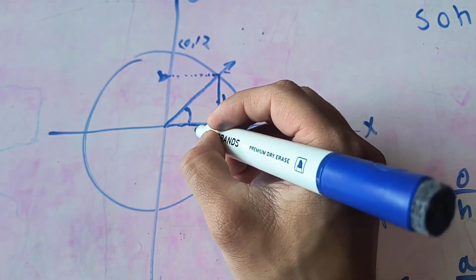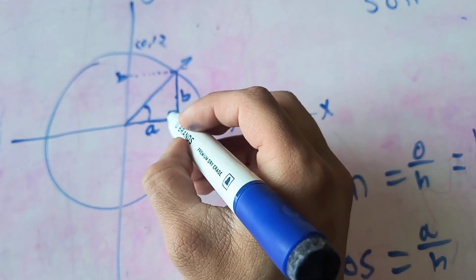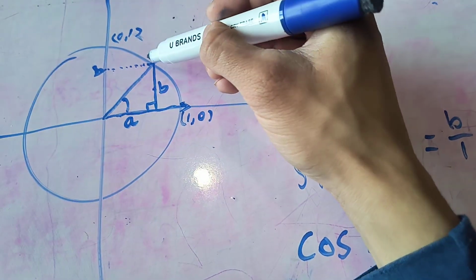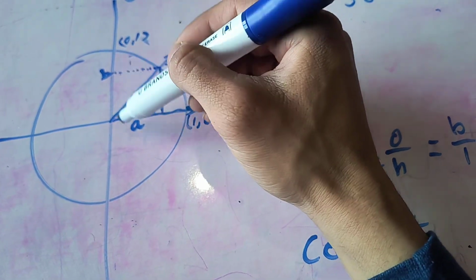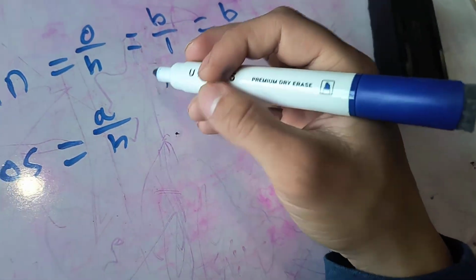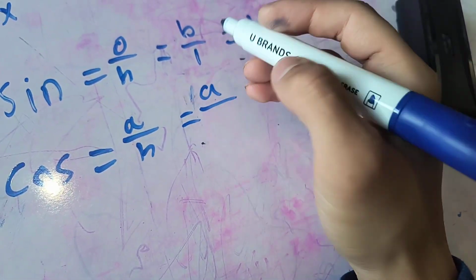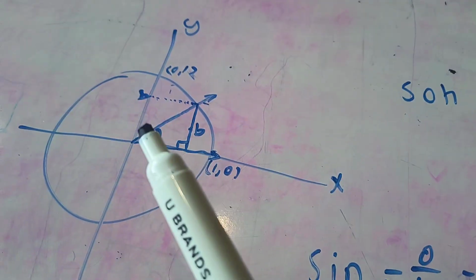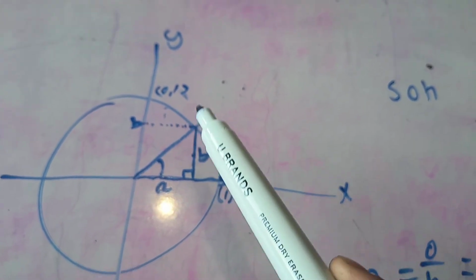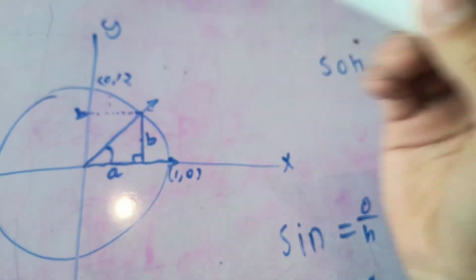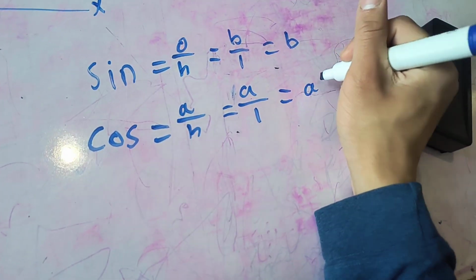We'll say it's of length A, because we don't know, it could go like this. If the line was up here, it would be right here. But the hypotenuse is 1, since we're measuring it from where it intersects with the unit circle, and the unit circle radius is always 1.